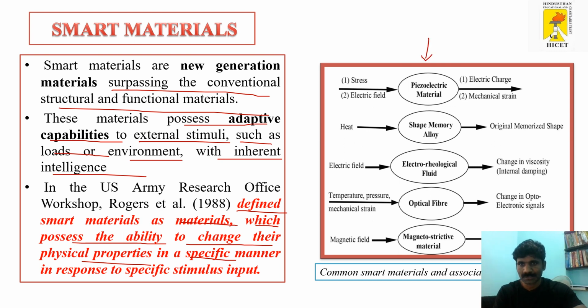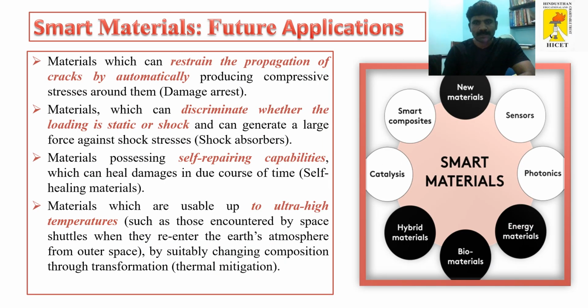So in this figure, you can see some of the smart materials like piezoelectric material, shape memory alloy, electrorheological fluid, optical fiber, magnetic strip material. As I said, the smart materials are the materials which respond to the external stimuli, the environment, and it gives an output which is appropriate to implement in modern days application.